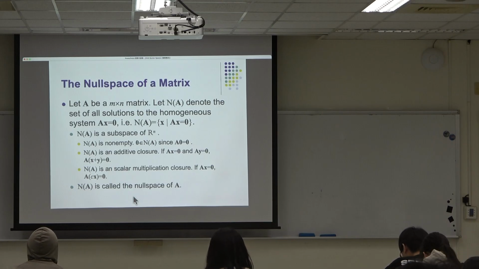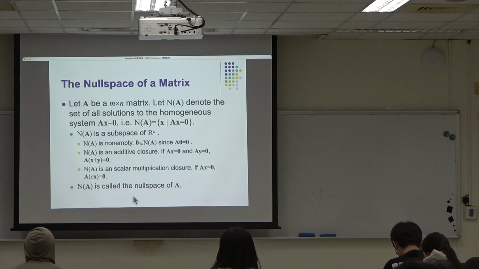It is defined over a matrix, and this matrix is not necessarily a square matrix. A is an m times n matrix, but m and n are not necessarily the same. So we let N(A) denote the set of all solutions to the homogeneous system Ax equal to 0.